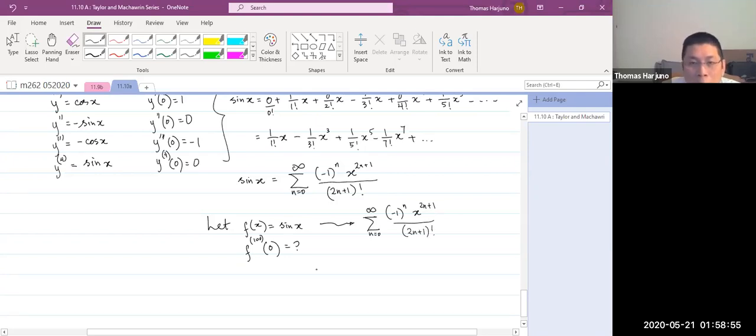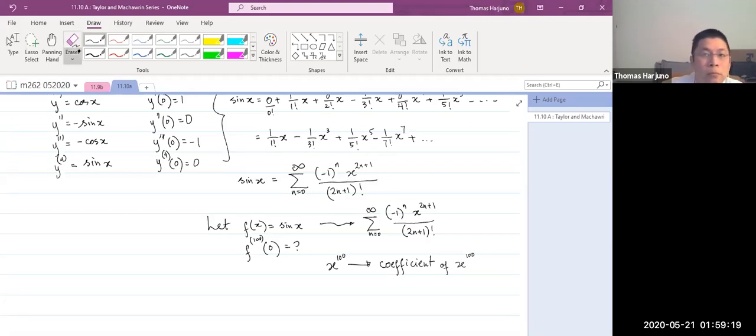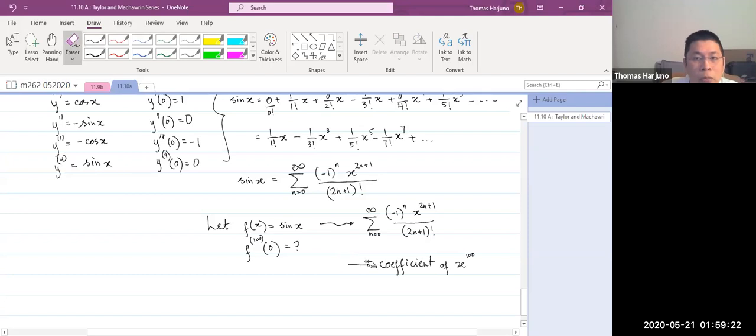Now, how about x to the 100? What is the coefficient? Answer me this. What is the coefficient for x to the 100? 1 for x, I don't think so. For what n will this become x to the 100?